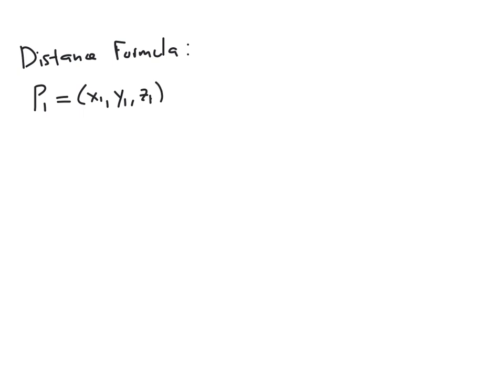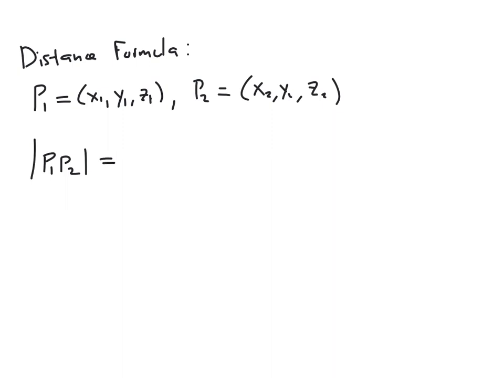All right, so just to give this formula some formality, let's write it down like this. So we have our distance formula. If I have 2 points, say P1, which is x1, y1, z1, and I have another point P2, which will be represented by x2, y2, and z2, then the distance we're going to denote by this notation.